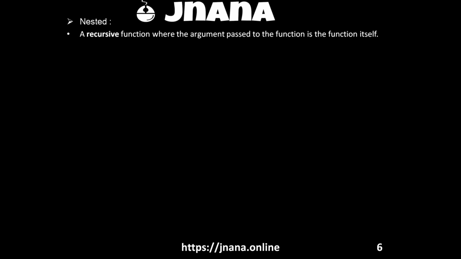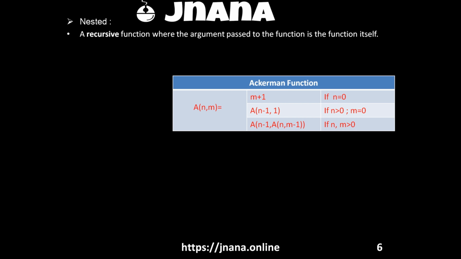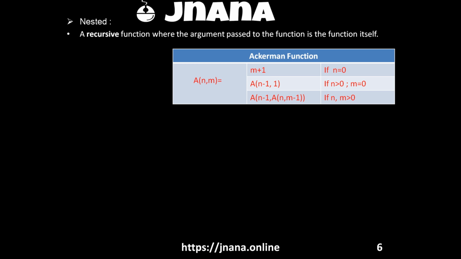Nested recursion method is not used very widely, but because we have this method called nested recursion, we are trying to understand it. There is a standard function called the Ackermann function which we use to understand nested recursion. So let's look at what an Ackermann function is. I am calling Ackermann as A. Instead of saying Ackermann every time, I will say A of n comma m.